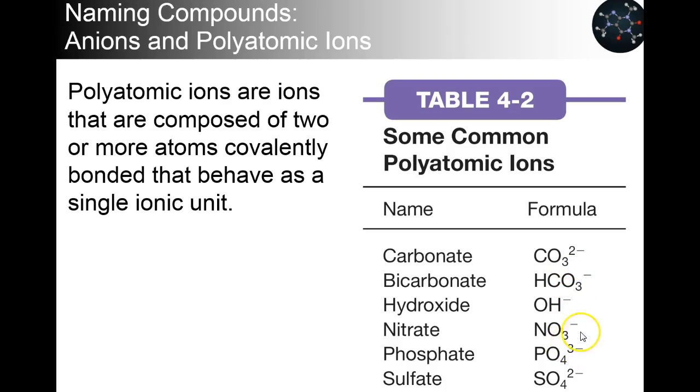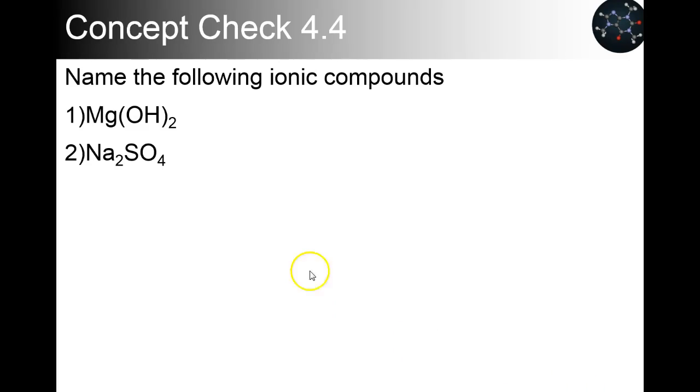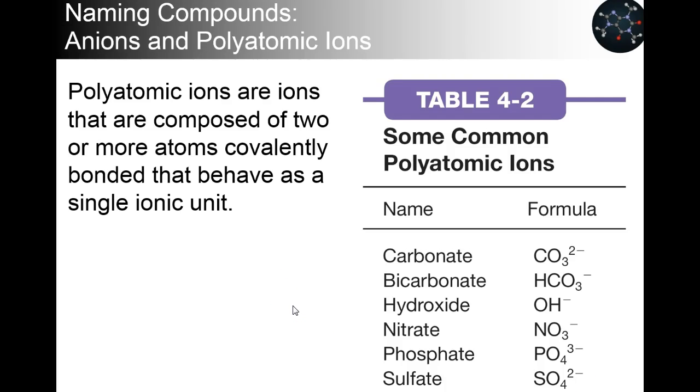So make sure you keep your subscripts down here for your number of molecules, and then, because you can see nitrate is NO3 1-, and phosphate is PO4 3-. So do make sure to keep those straight, because I almost made that mistake there. Okay, and sulfate is SO4 2-. So that whole sulfate molecule is the 2-. Okay. So hopefully that becomes more clear as we work with it.